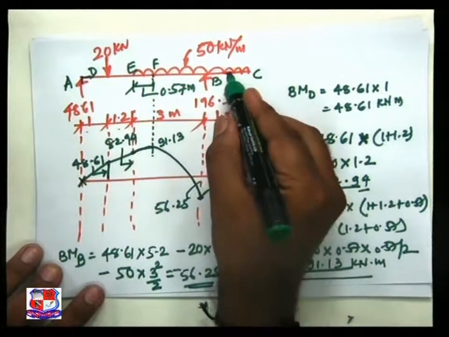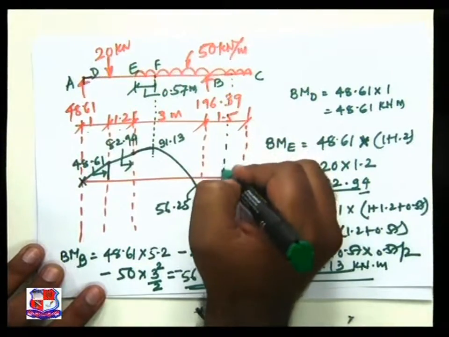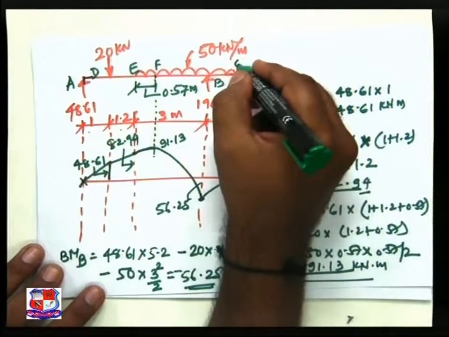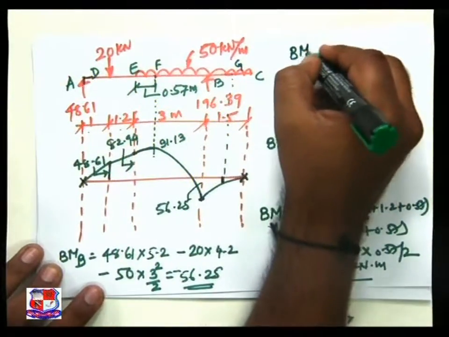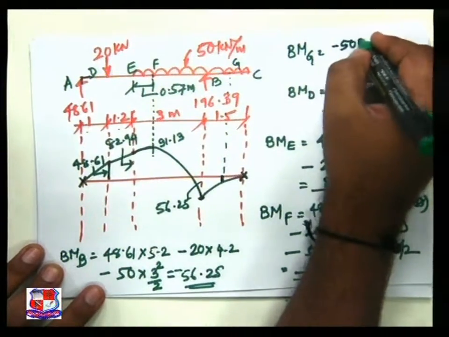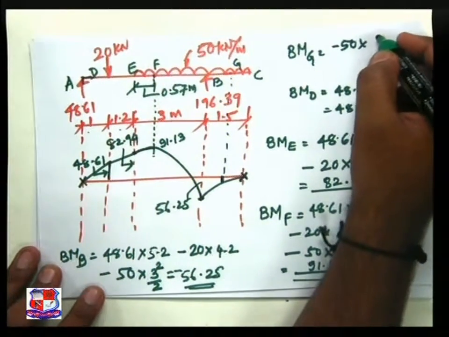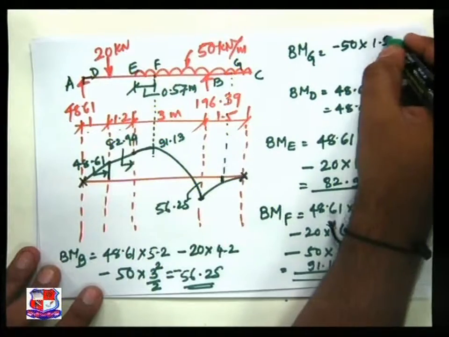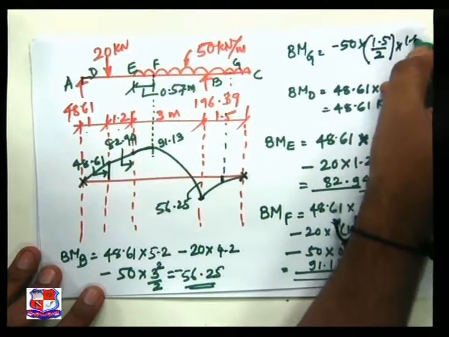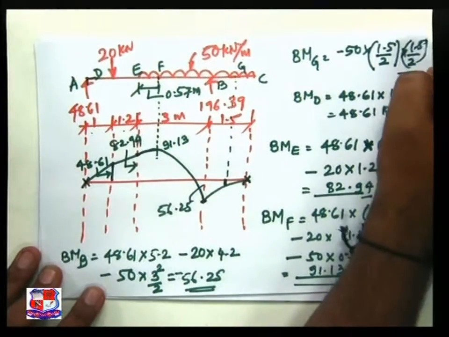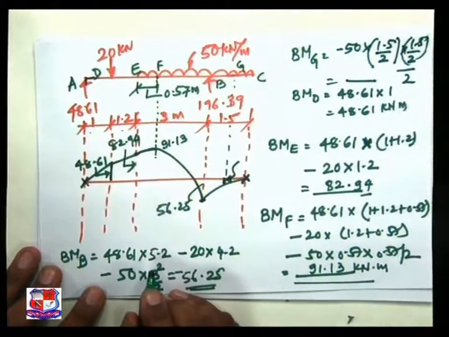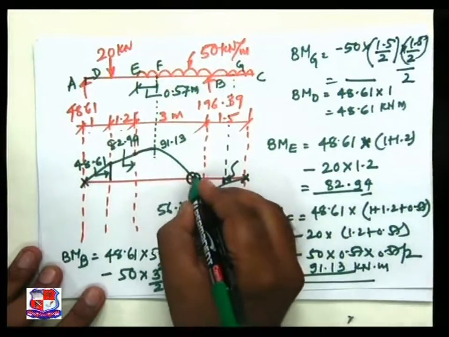You can find out the central ordinate over here, the value also. If we take the point G, then bending moment at G, if we take a right side section, in this case minus 50 into 1.5 by 2 into 1.5 by 2 by 2, and we find out a certain ordinate. It is this over here. Next, the intention is to find out this point.